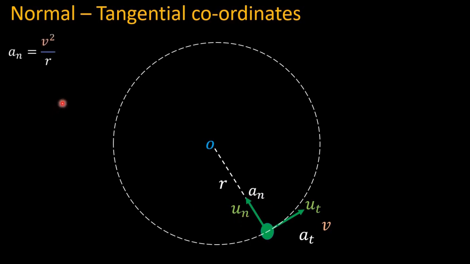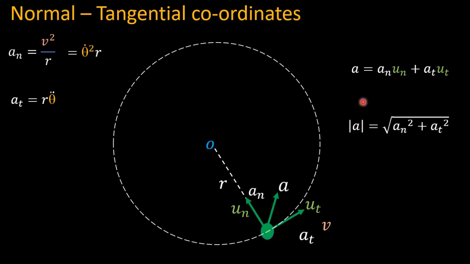Remember, a sub n equals v squared over r, which is also theta dot squared times r, and a sub t equals r times theta double dot. So we can write a in vector form as a equals a sub n times the unit vector u sub n plus a sub t times the unit vector u sub t. This is just a written in vector form, where the unit vectors are u sub n and u sub t.